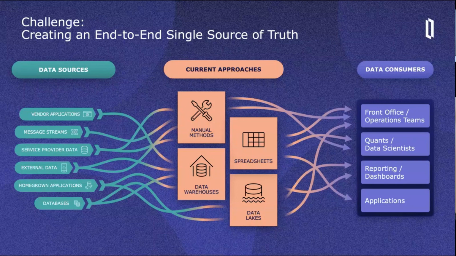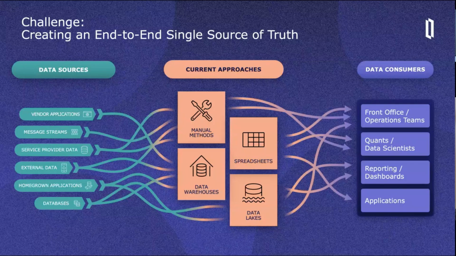And different organizations are at different, let's say, are in different space in terms of solving this problem. But more importantly, the kind of consumers they now need to support has become much more varied.